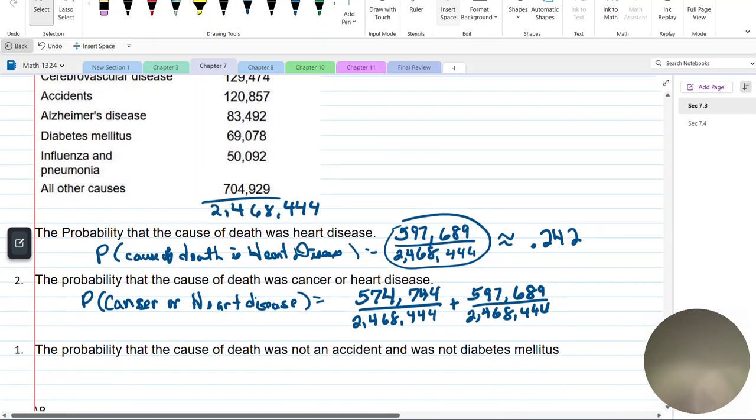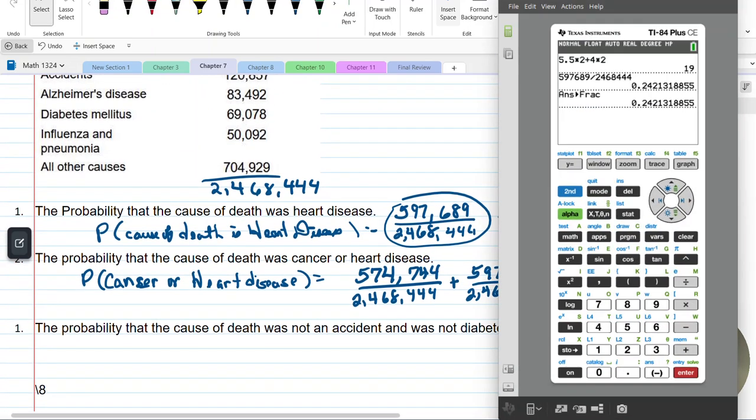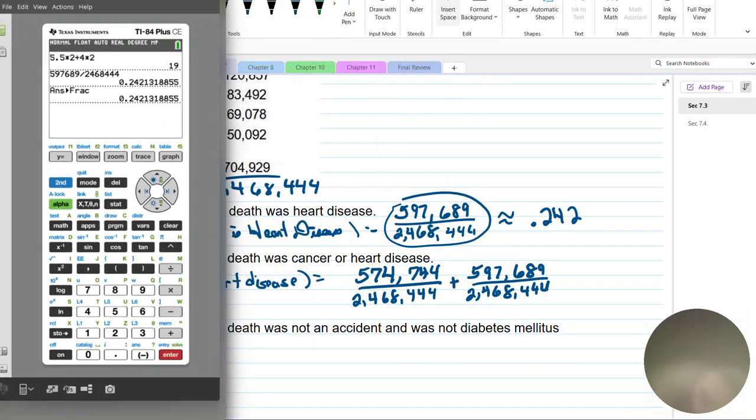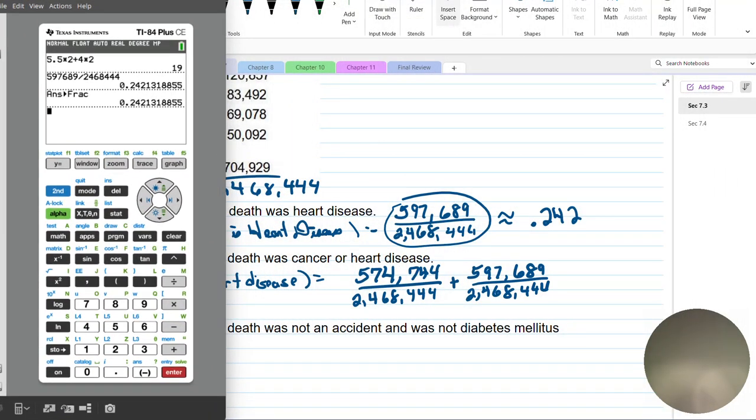All right, now we're going to add only the numerators on the calculator so that we can get the solution. And I would enter 574,744, because the denominators are alike. That one. Plus 597,689.